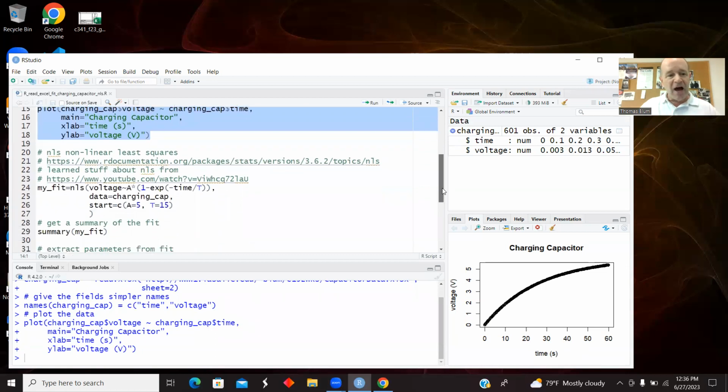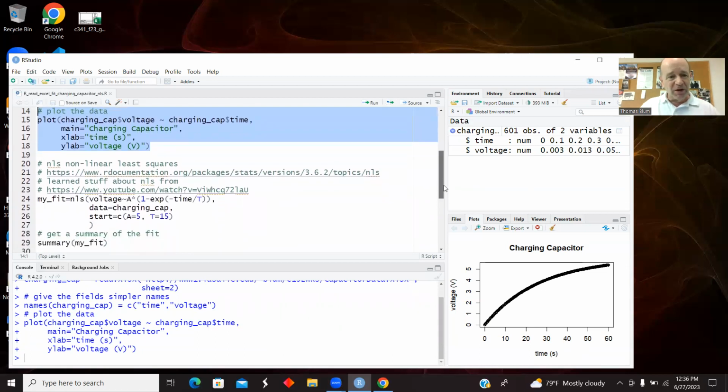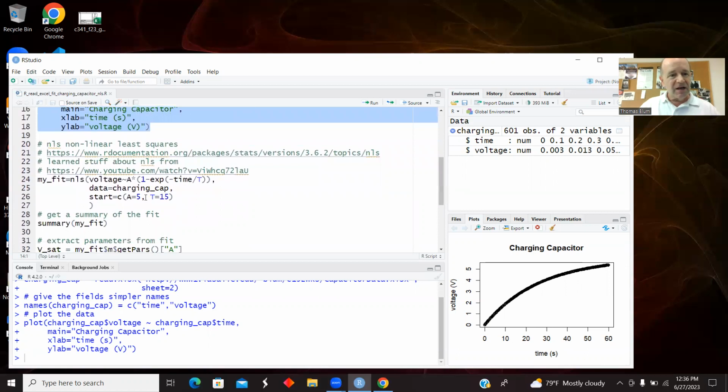Okay. Now the formula for this is some number out front, some coefficient, and this is the voltage that it will end up at for a very long time, so probably the voltage that you applied to the capacitor. So there's a saturation voltage in here.